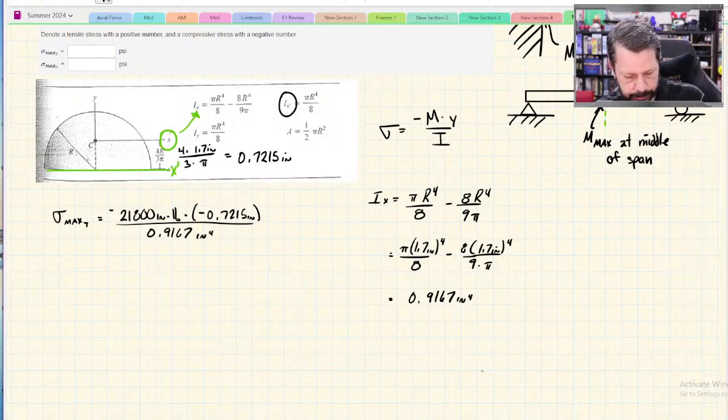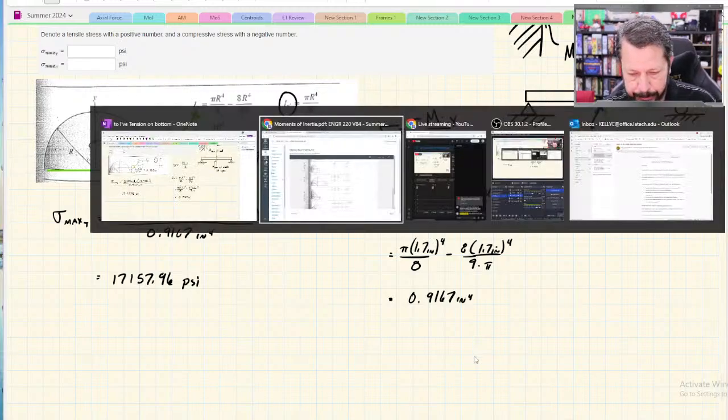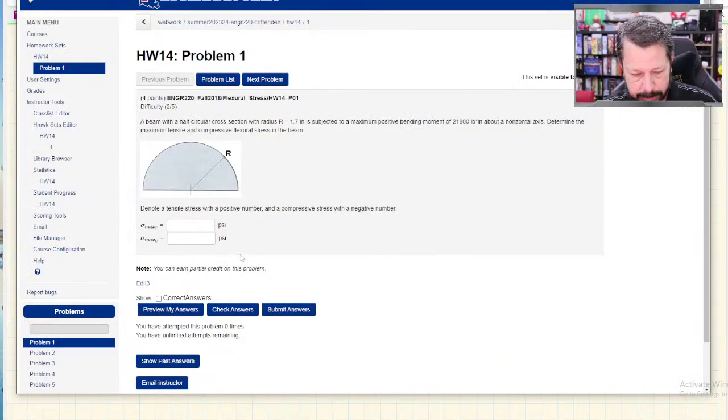So 21,800 times 0.7215 divided by 0.9167, I get 17,157.96 PSI.